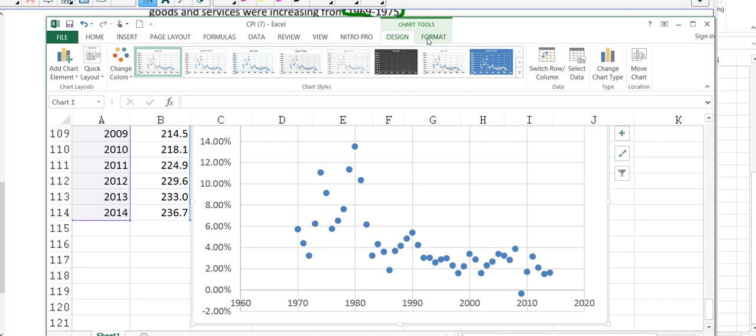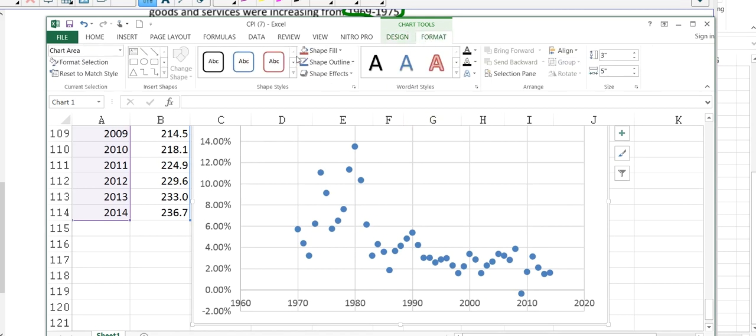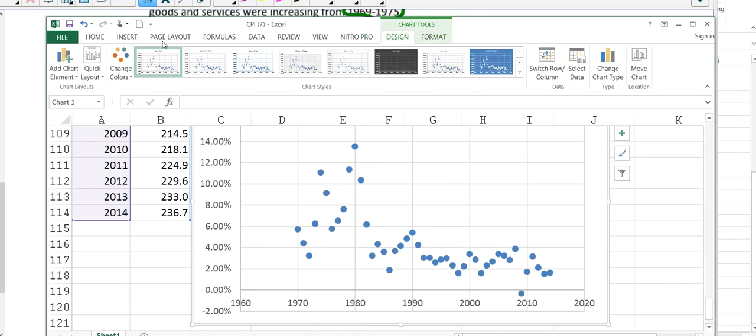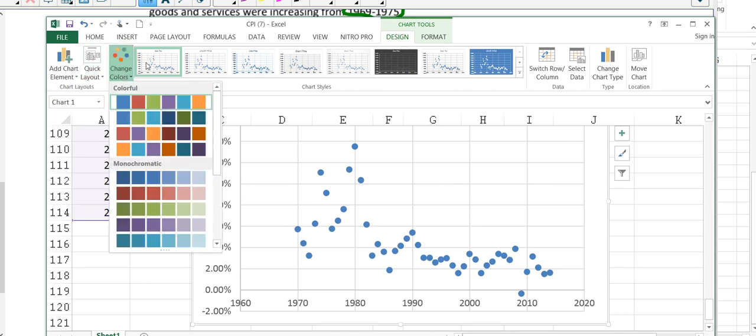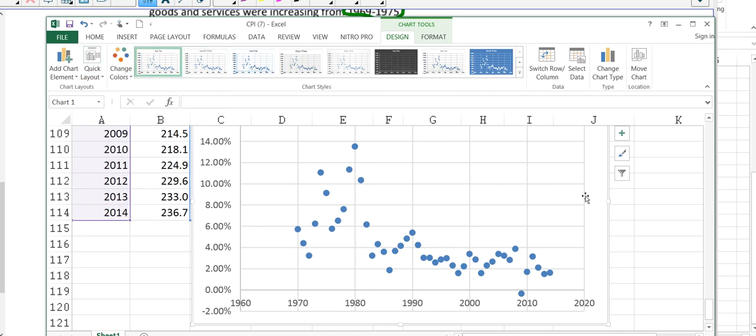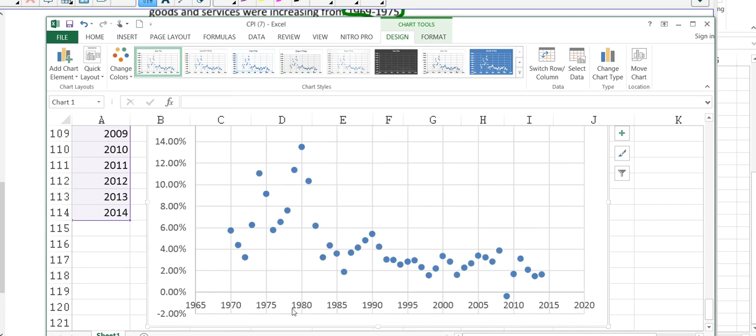If we just look at the graph itself, we can see that inflation was much higher in the 70s and 80s than it was in the 90s and 2000s.